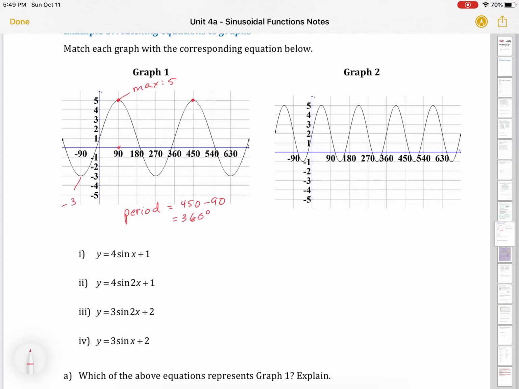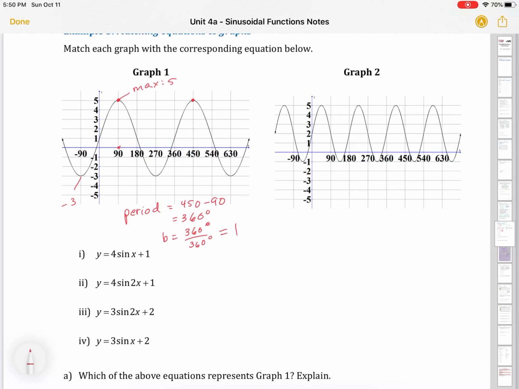Okay, so that would tell me that B is equal to 360 divided by 360, right? Because it's 360 divided by the period. So B must equal 1, okay? So that would tell me that I only have 2 options from the given graphs, because it can't be 2 or 3, right?